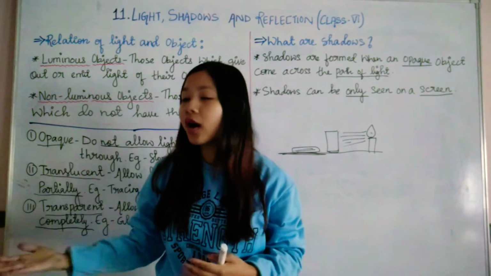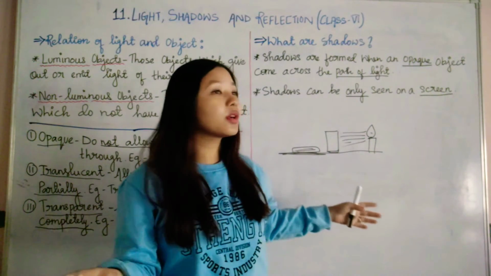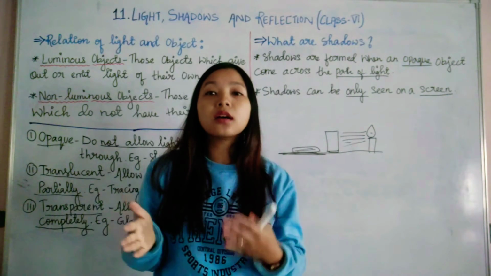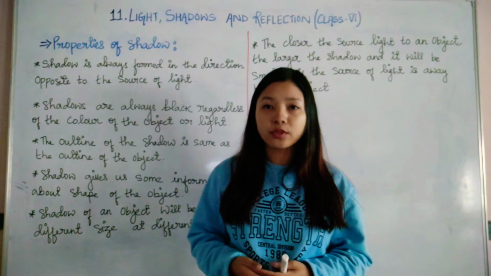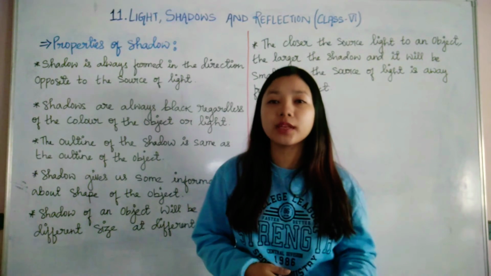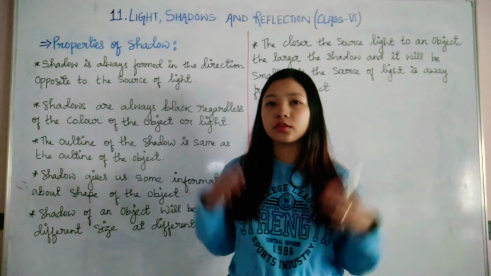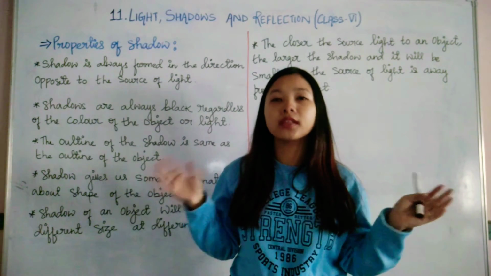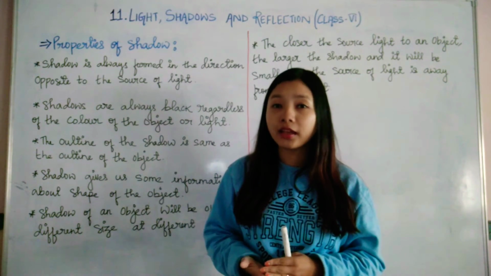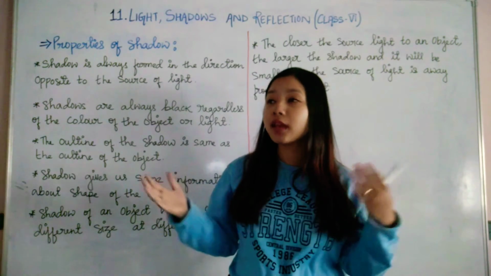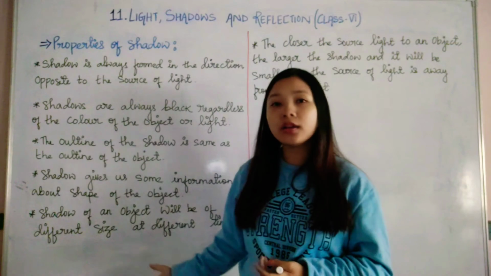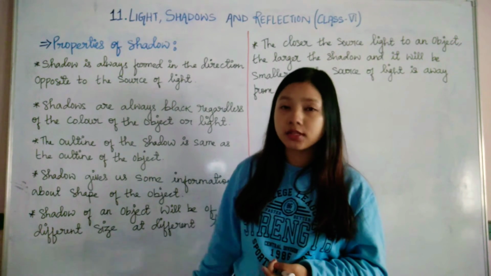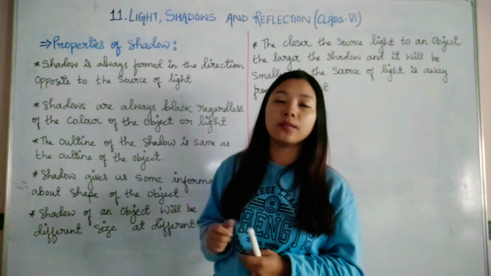So all this, the wall, ground, this board, serve as a screen. To form a shadow, we need a screen behind, because air is around us, but can we see the shadow in the air? No, because air is not serving as a screen. The wall will serve as a screen, so we can see our shadow on the wall.